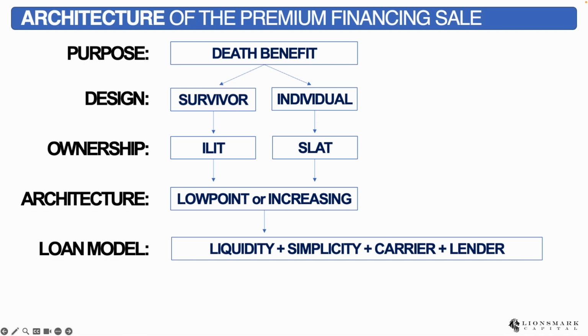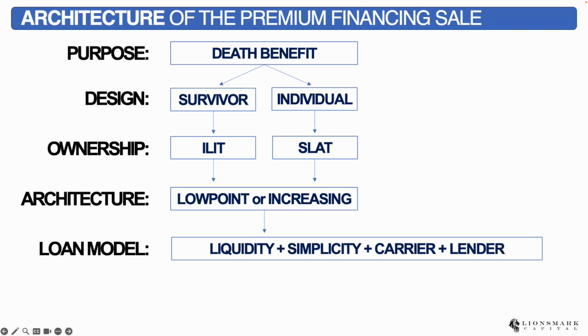So how do we decide which one of those 5 different loan models we're going to use? We're going to take a look at the client's liquidity. We're going to take a look at how simple they want this to be. And when I say simple, some clients, regardless of their wealth, actually prefer to have a level contribution amount for a period of 10 years, as opposed to paying interest only, which is very inexpensive in the first few years, and then balloons out to a pretty substantial interest payment in the later years.